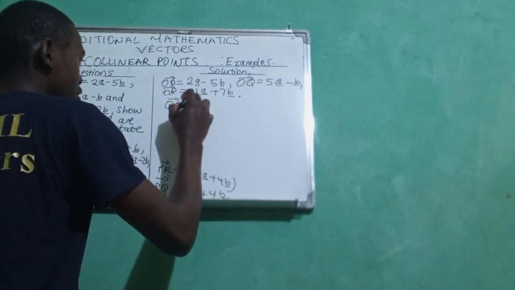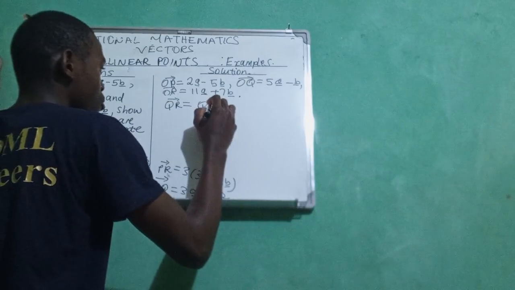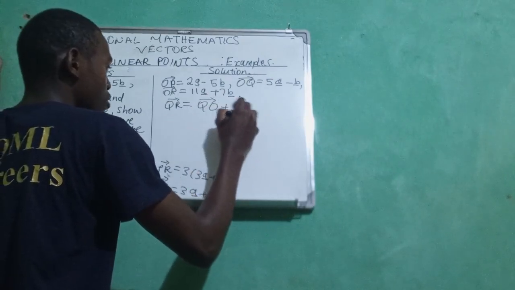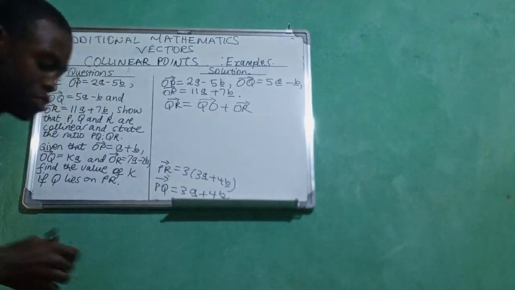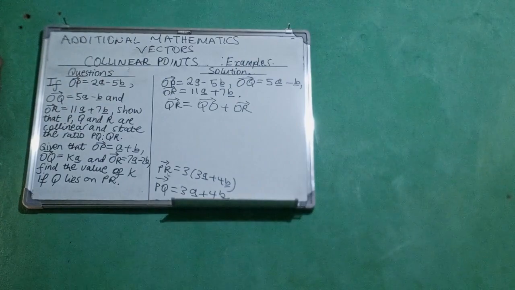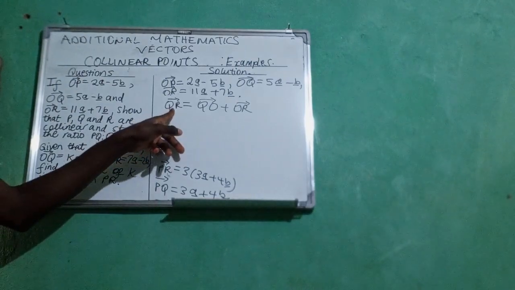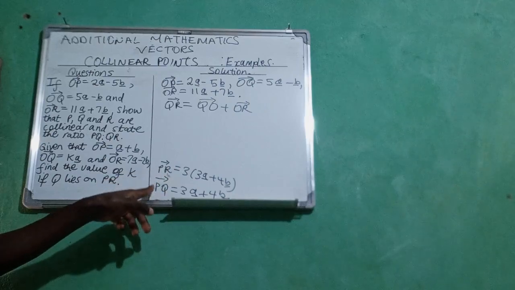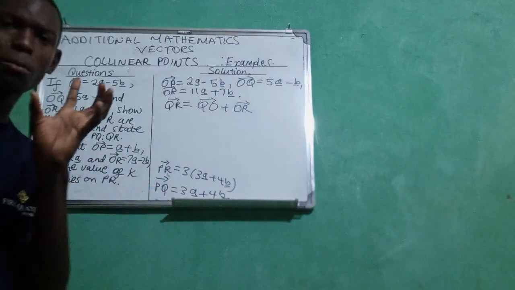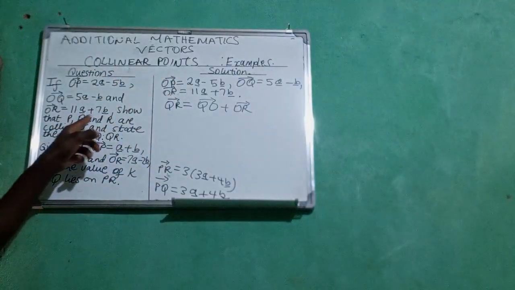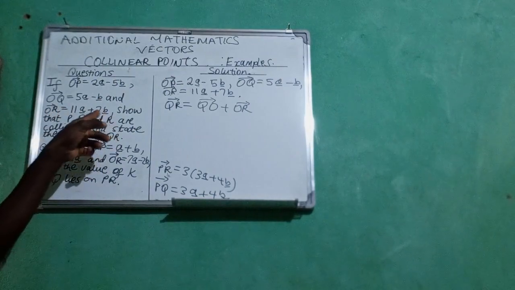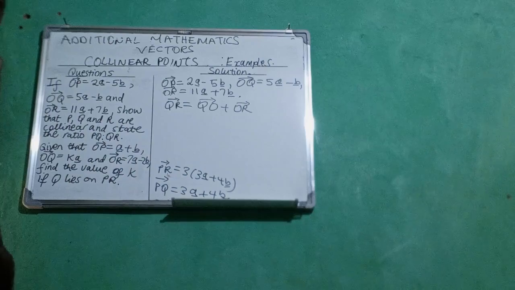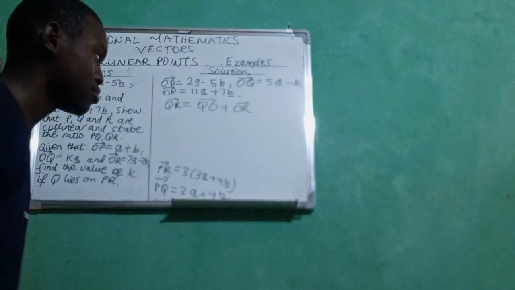QR is equal to QO plus OR. The essence of what I'm doing is thinking of possible combinations of the letters P, Q, and R. You can do PQ, you can do PR, and then you can do QR. Those are the three possible combinations.